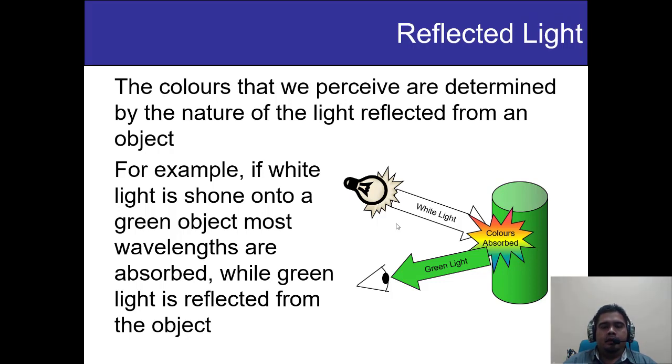That red ball has a characteristic of absorbing the rest of the visible light spectrum while reflecting only the red light spectrum, so if you see that red ball with your naked eyes, you see that ball is red.